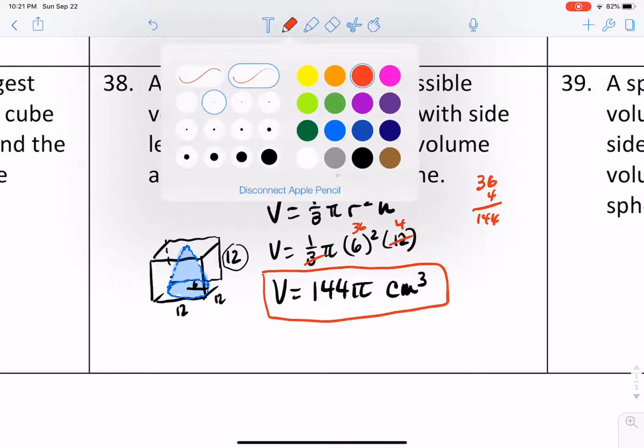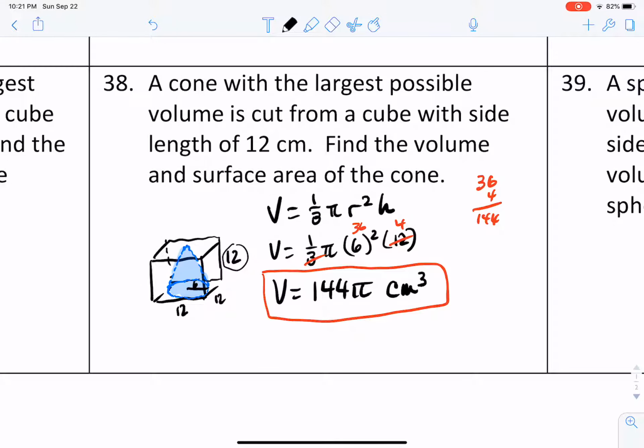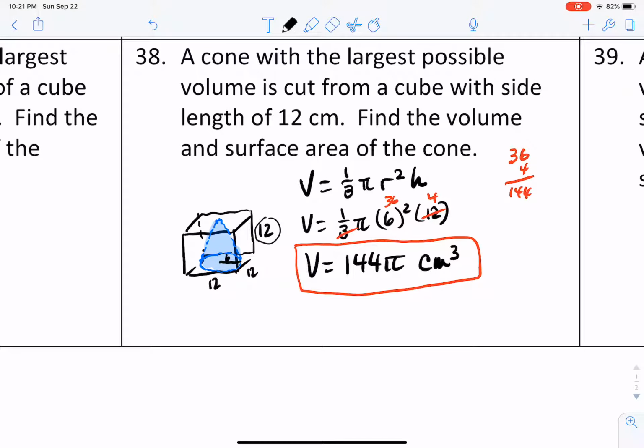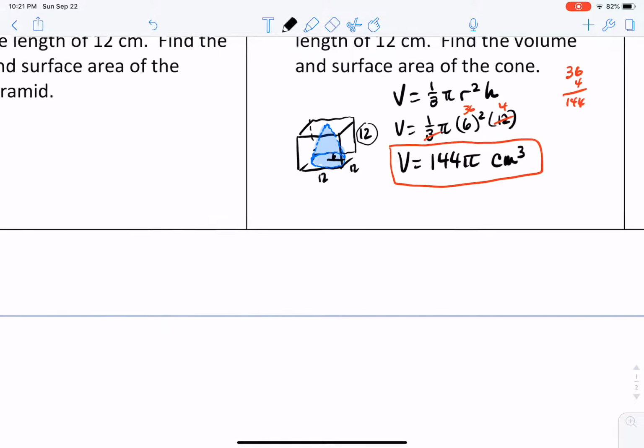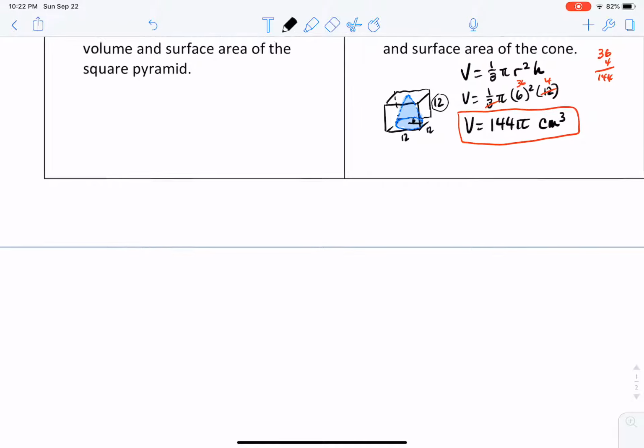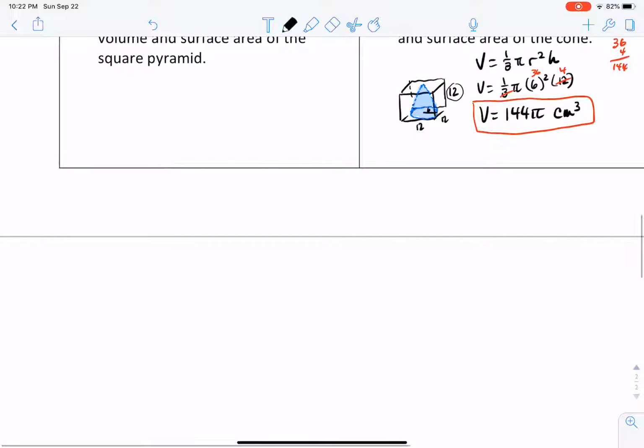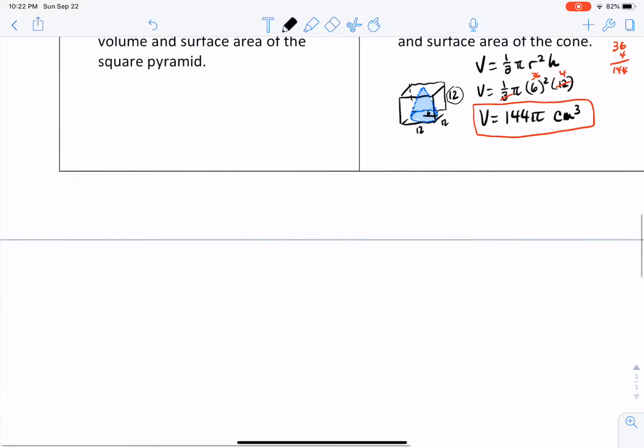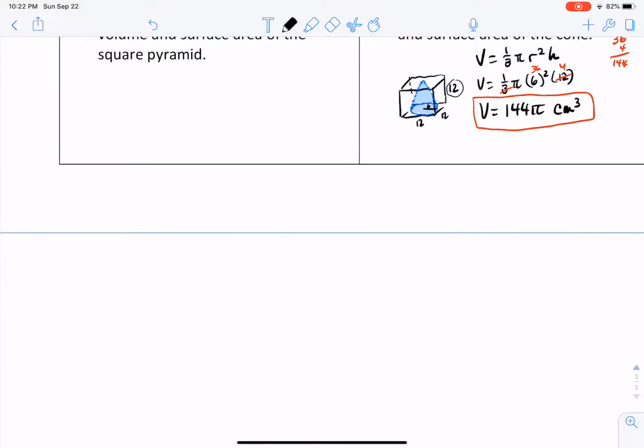As you can see, there's just not enough room for us to do the surface area, so we'll have to move this down a little bit. For our surface area, what number is this? 38. Let me draw a cone.